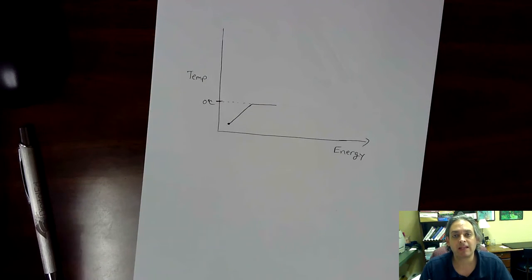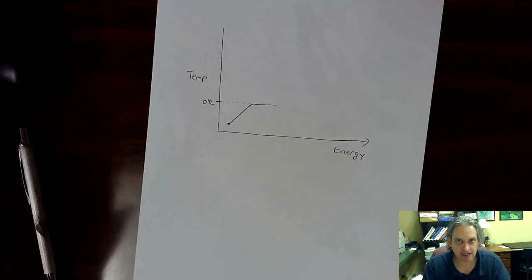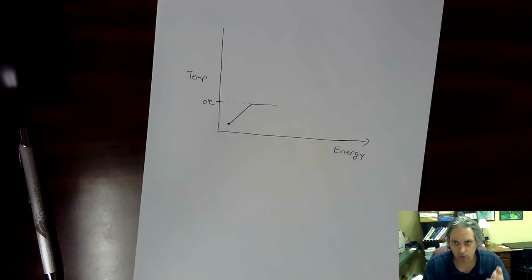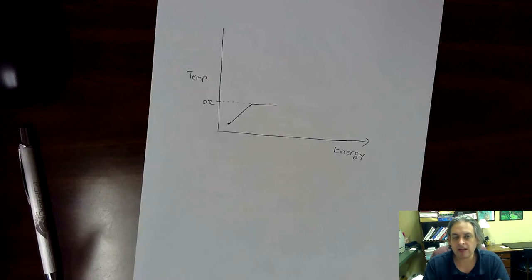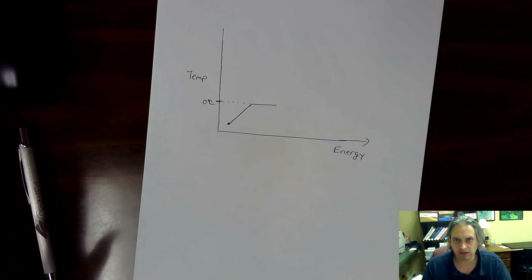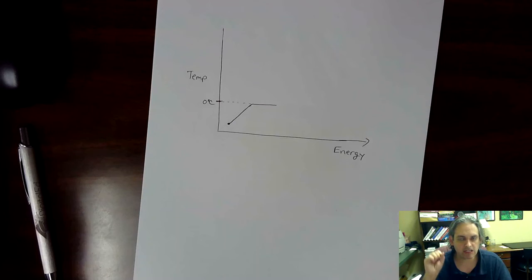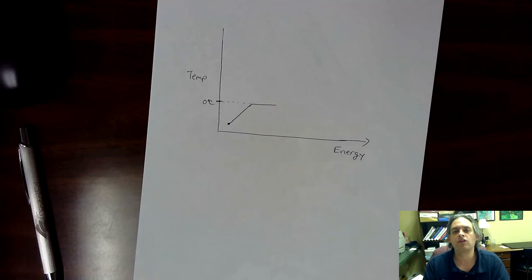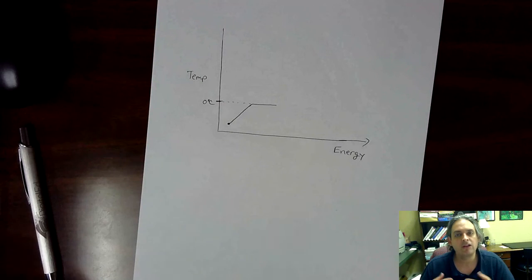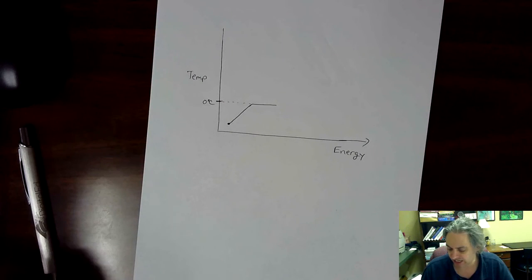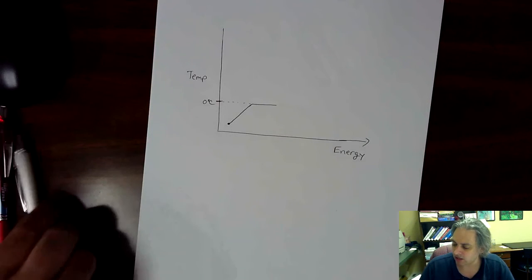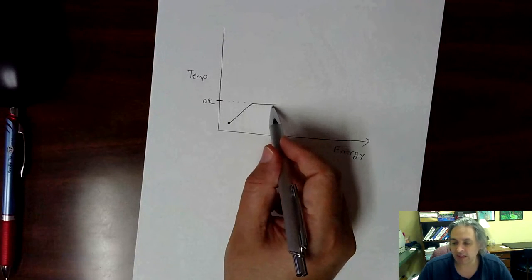And so when ice is melting, it doesn't matter how much ice is in there, if there's liquid water and solid water, it's going to be 0 degrees C, because all the energy that goes into it is going to go into changing the phase of the solid into the liquid. And so this becomes what we call a phase change. So this right here is where melting is occurring.